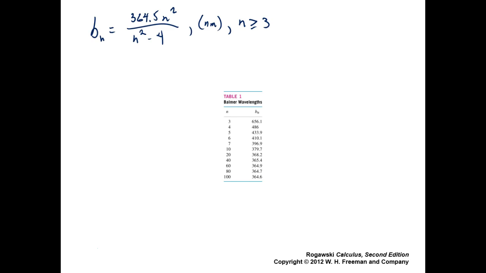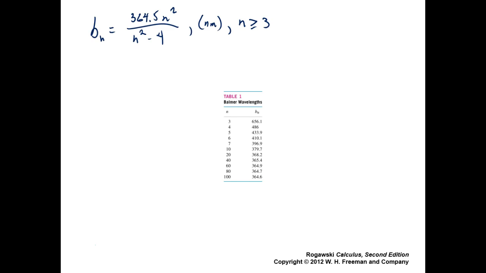364.5 times 1,000 squared, which would be 1,000,000, divided by 999,996. Okay.